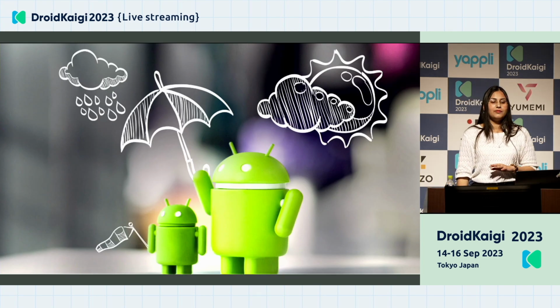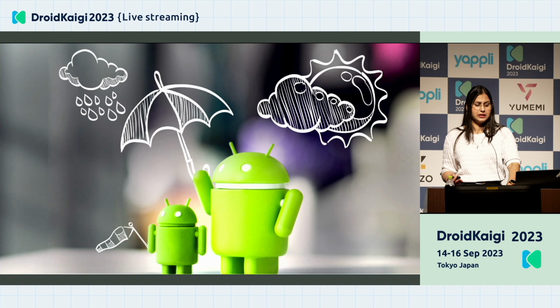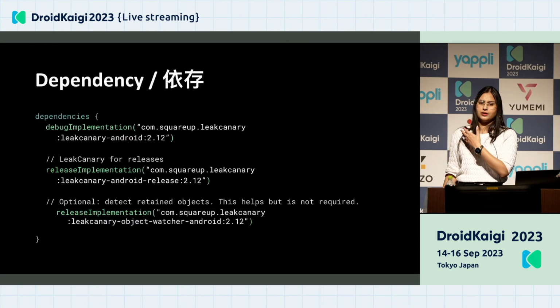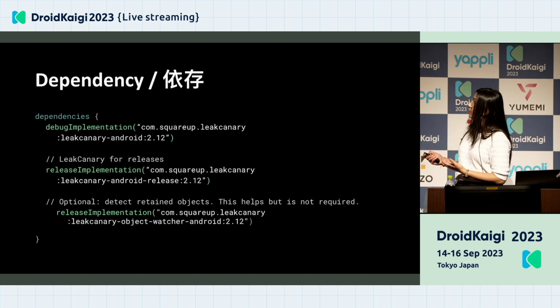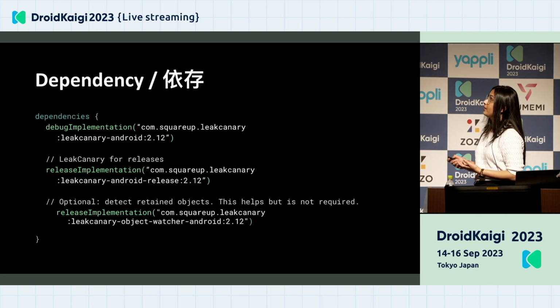So now we have seen all the capabilities of LeakCanary. Now it's time we wire it into our development cycle. So why not just add it into our code base. If you notice, the dependencies have been simplified. Now we have debugImplementation and releaseImplementation.